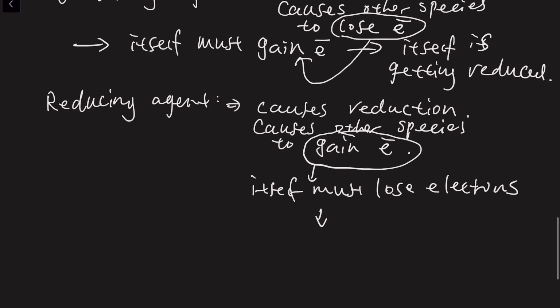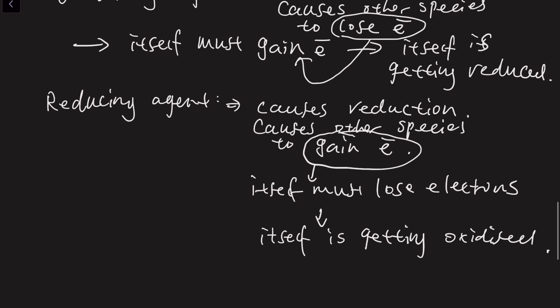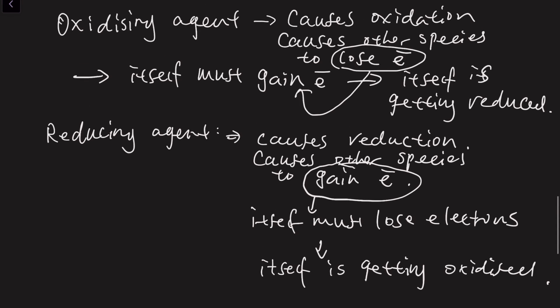And when something loses electrons, by definition, it is getting oxidized. In summary, oxidizing agent is getting reduced. Reducing agent is getting oxidized.